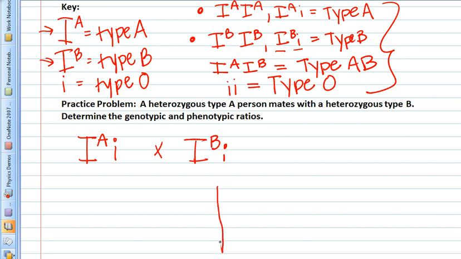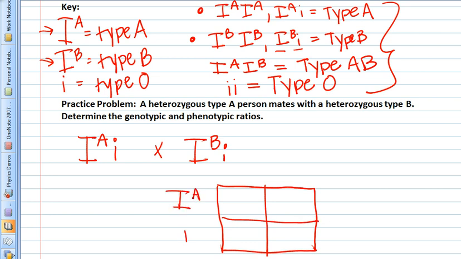When we plug that into our Punnett square, we're going to see, we'll put our I, big A, little i, I, big B, little i, I, big A, I, big B, I, big A, little i, I, big B, little i, little i, little i.